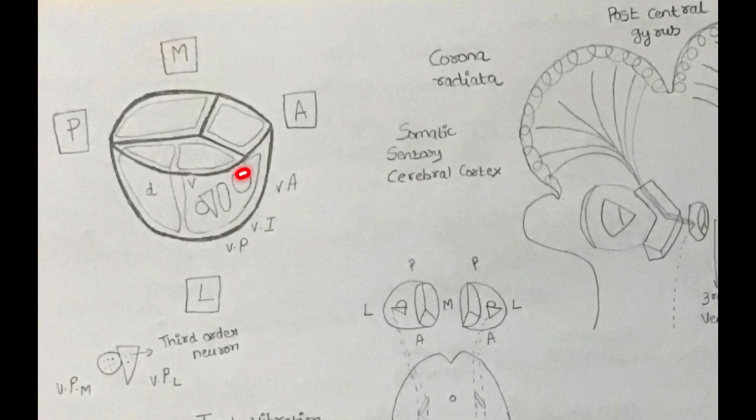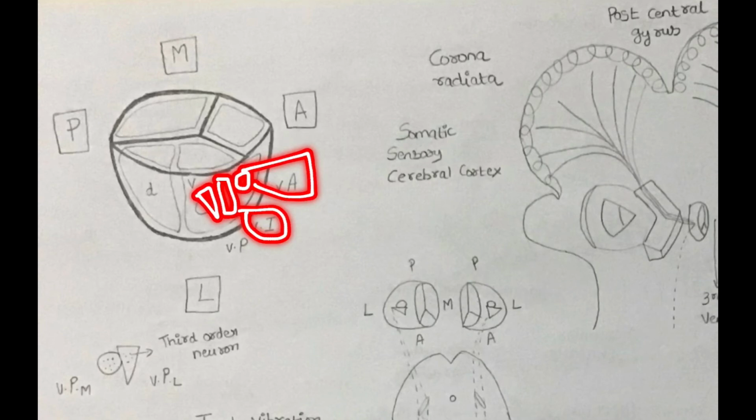The first nucleus is in the ventro-anterior side. The second nucleus is in the ventro-intermediate, that is between the first nucleus and the third nucleus, and the third nucleus is in the ventro-posterior side, that is posterior to the second nucleus, and the fourth nucleus is not separated.